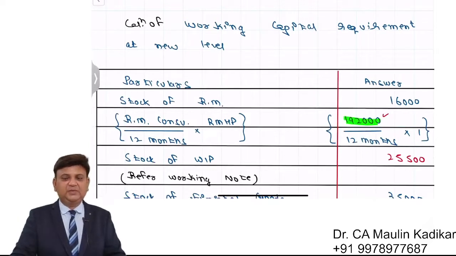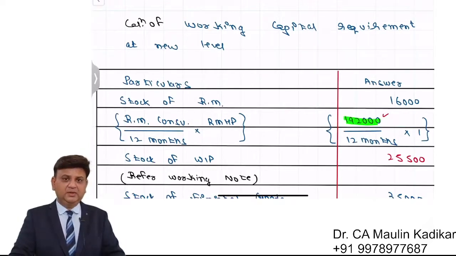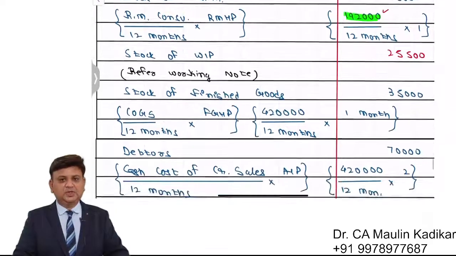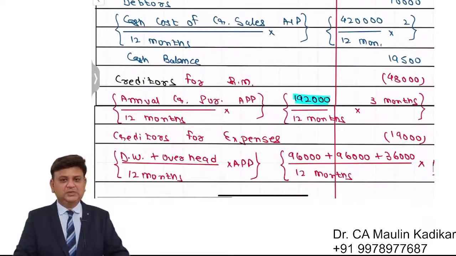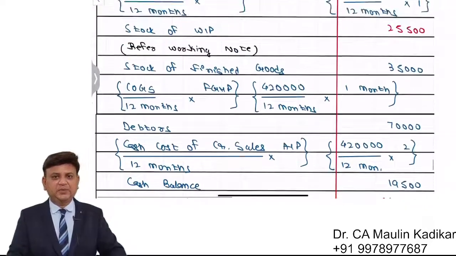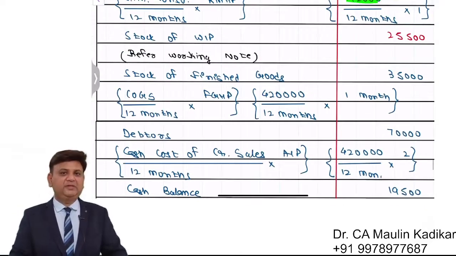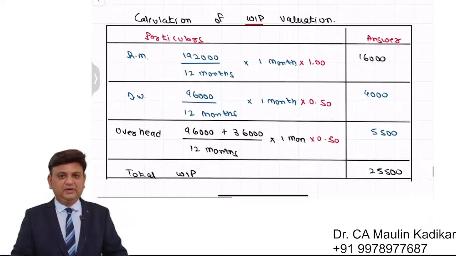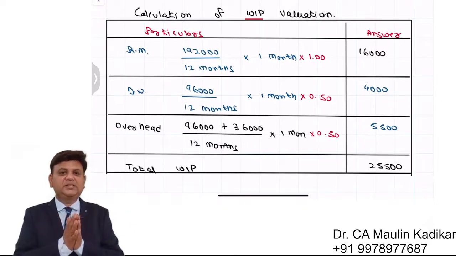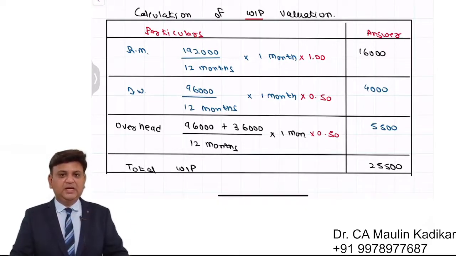Next is the working capital requirement at the new level. In that, everything is very simple: stock of raw material, stock of finished goods, debtors, cash, creditors for expenses. The new point is the WIP valuation. Regarding WIP valuation, the completion stage is not given. So we have assumed that it is 100% for material, and for wages and overhead it is 50%.